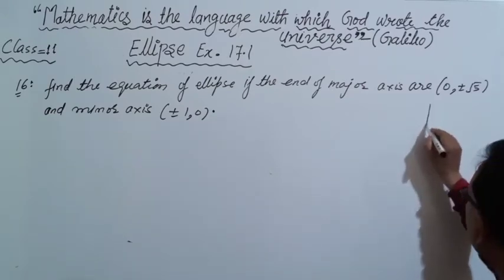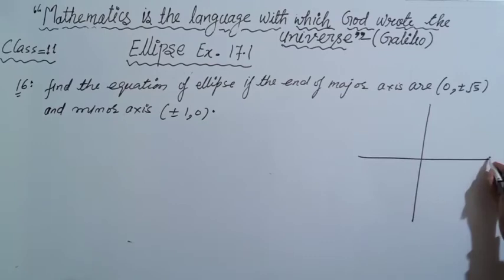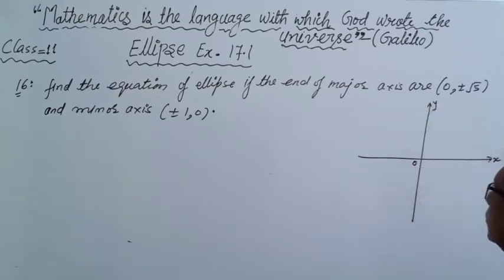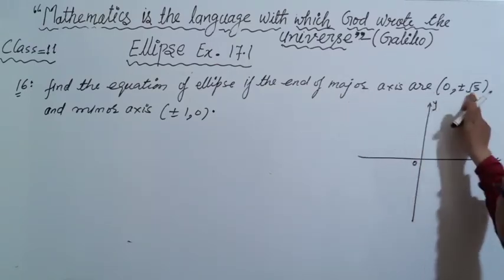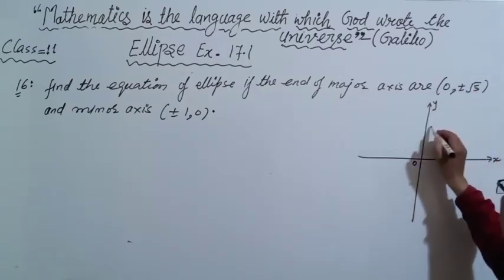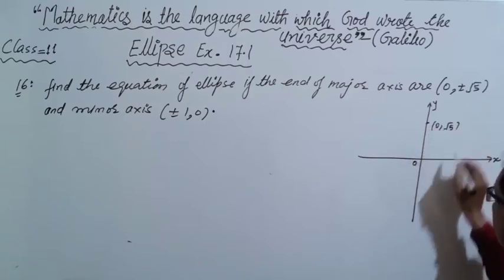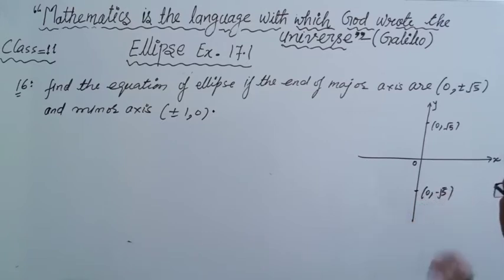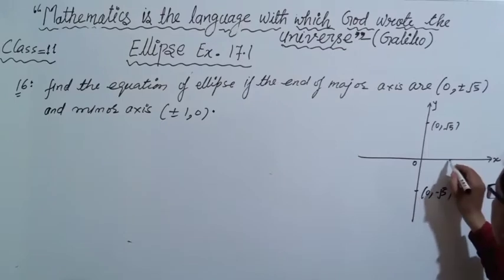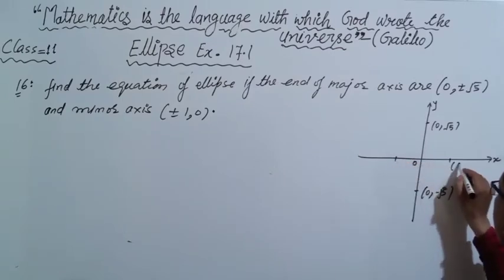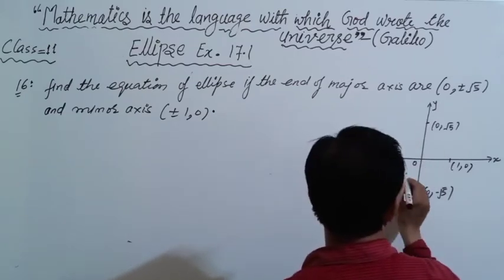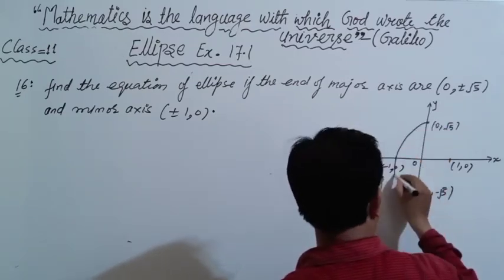So here first we draw the axes. This is your x-axis, this is your y-axis, and this is your origin. Our major axis is 0, root 5. Here is 0, root 5, and here is 0, minus root 5. And the minor axis is 1, 0 and minus 1, 0. So our ellipse is in this form.